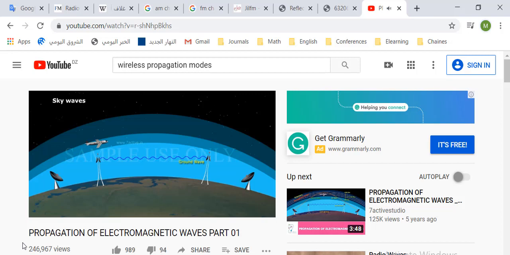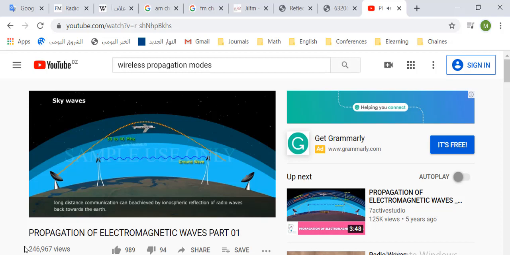Sky waves. In the frequency range from a few megahertz up to 30 to 40 megahertz, long-distance communication can be achieved by ionospheric reflection of radio waves back towards the earth. This mode of propagation is called sky wave propagation and is used by shortwave broadcast services.